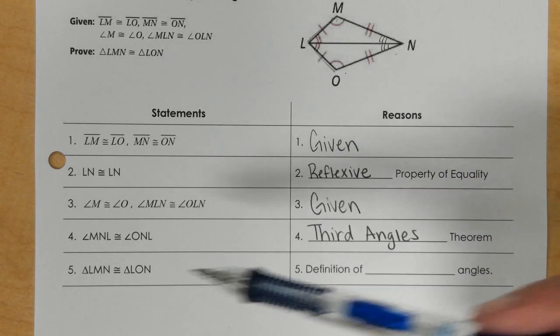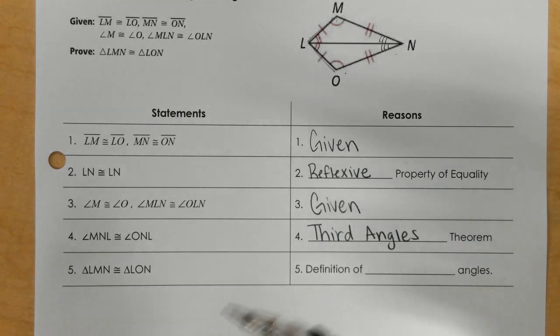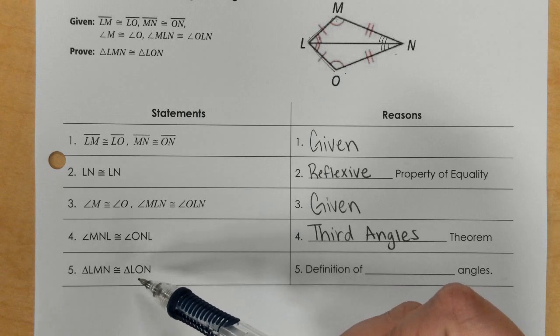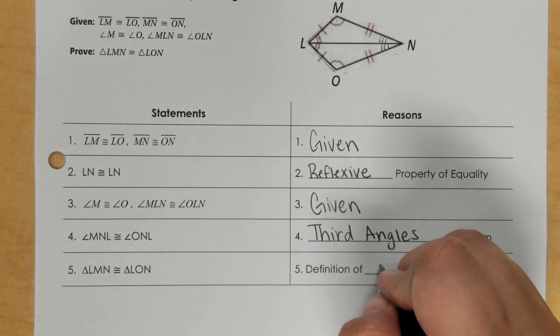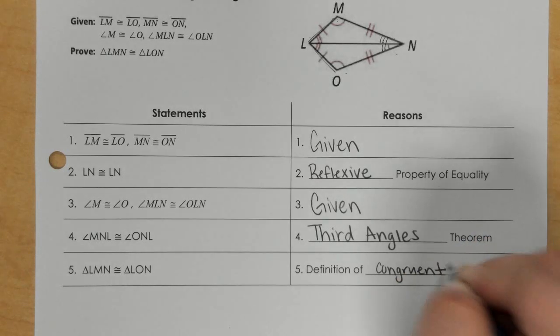So now that we proved we have all these angles that are congruent, all these sides are congruent to themselves, we can say that the two triangles are congruent from the definition of congruent angles.